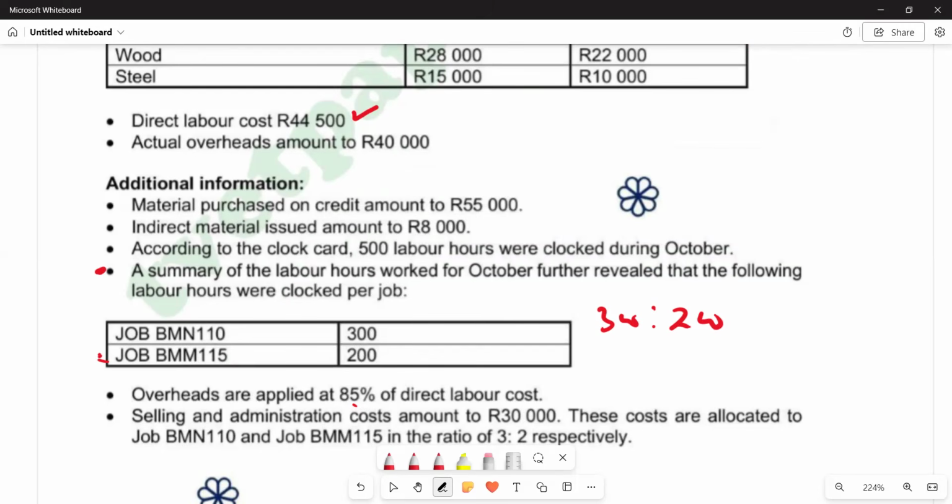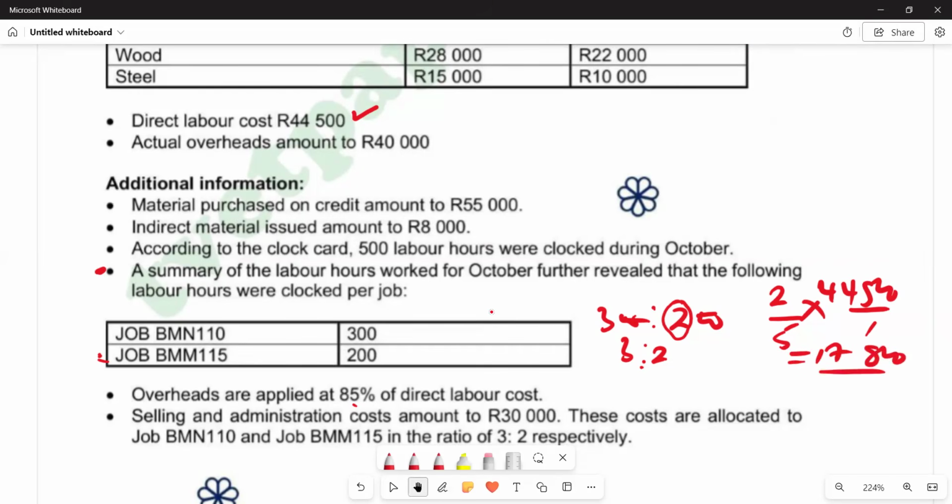If you reduce this ratio, it becomes 3:2. So basically, 3 plus 2 is equal to 5, so it's going to become our denominator, and then the proportion is 2. So we are saying 2 over 5 times the total of 44,500. If we calculate it as such, you're going to get 17,800.